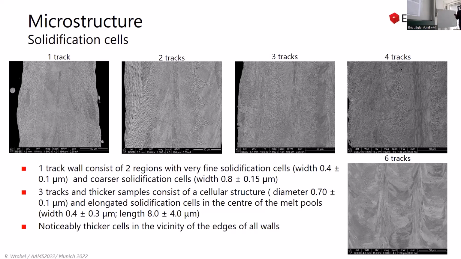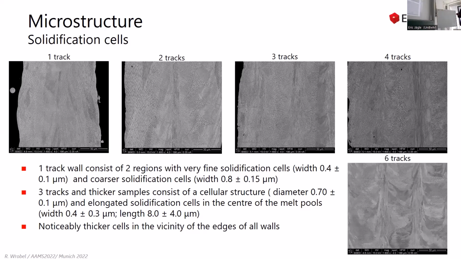If we take a look at the thicker samples, we can observe slightly finer solidification cells, whereas only when we fabricate subsequent melt pools, overlapping the melt pool with the previous one, can we see an area with coarser solidification cells. But in general, in the rest of the melt pool, the solidification cells are finer in contrast to the one-track sample.